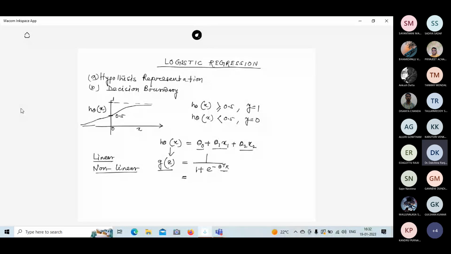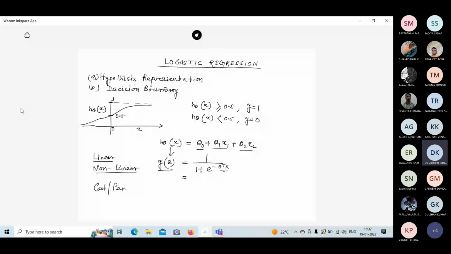Now, after having hypothesis representation and decision boundary, now we will compute the cost or penalty of logistic regression for classification.